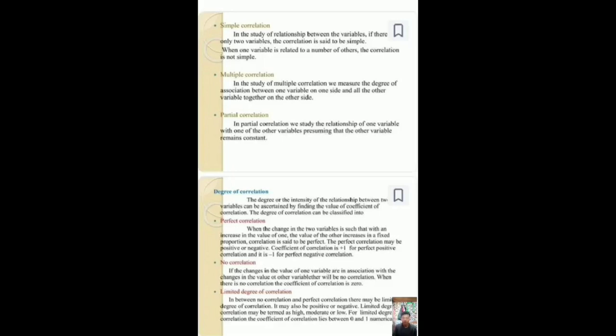Perfect correlation: when the change in two variables is such that with an increase in the value of one, the value of the other increases in a fixed proportion, correlation is said to be perfect. The perfect correlation may be positive or negative.